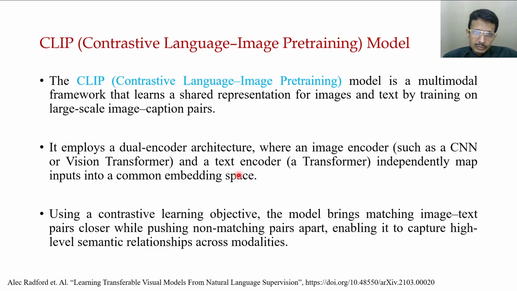When they are projected into the common embedding space, there is an image-text pair. If an image is about a horse and the text is about a horse, these pairs are closely placed. Whereas if there is an image of, let's say, a horse and text of a car, these two are placed further apart. So this is the contrastive learning idea.